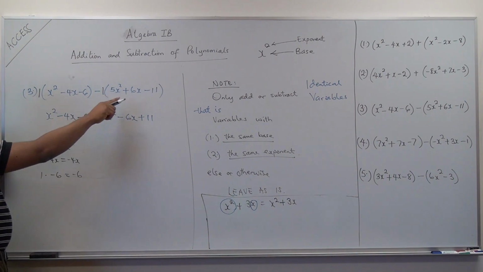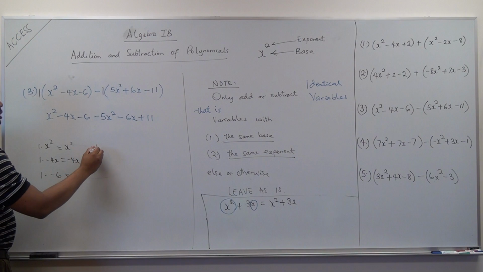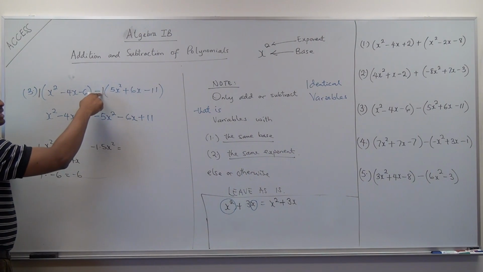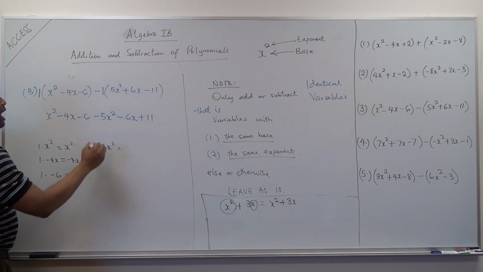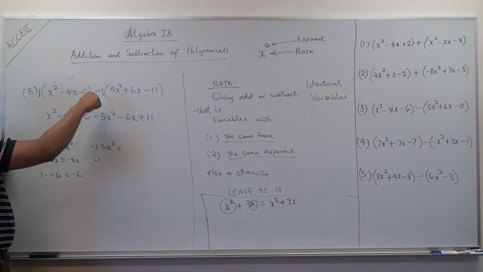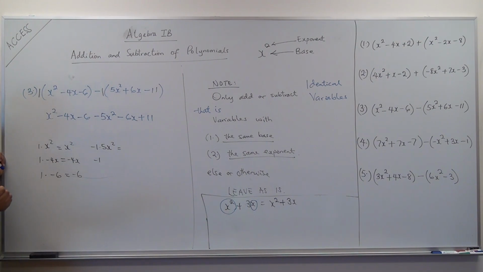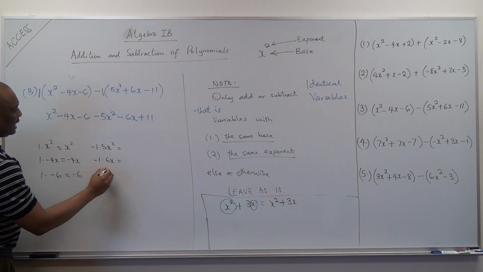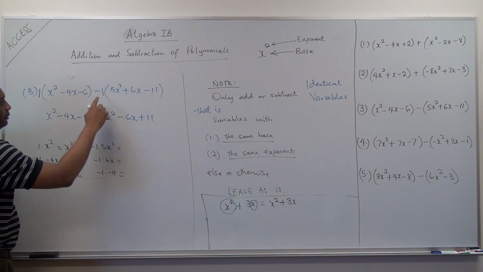Now this one, you have to be a bit careful. Negative 1 times 5x squared, because you're distributing now, this is negative 1 actually, that's what it means. If you have a parenthesis like this, here means that 1 is in front, right? So negative 1 times 6x, and then negative 1 times negative 11.